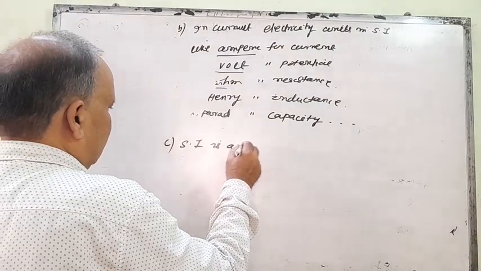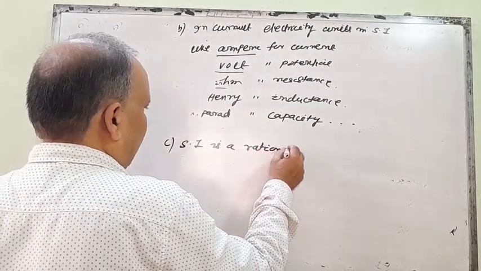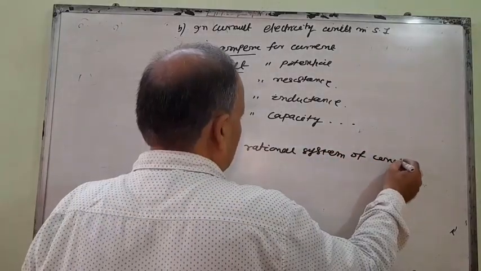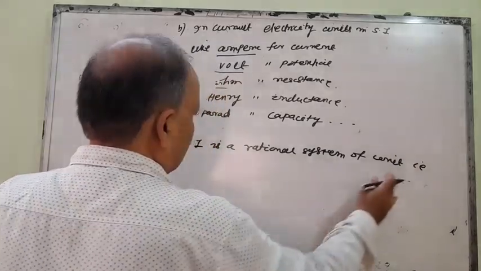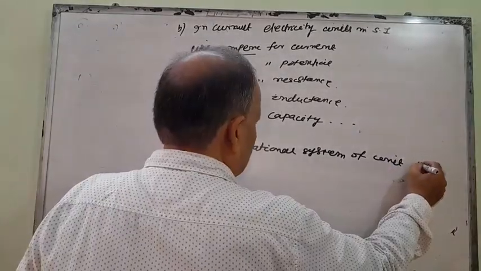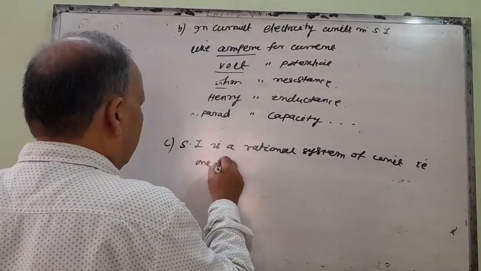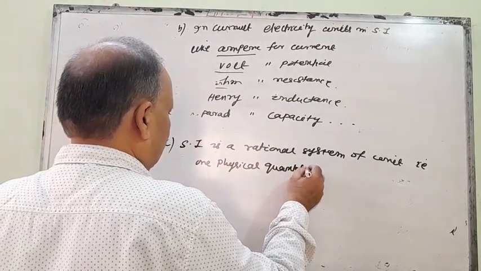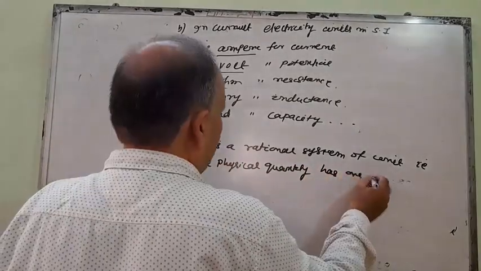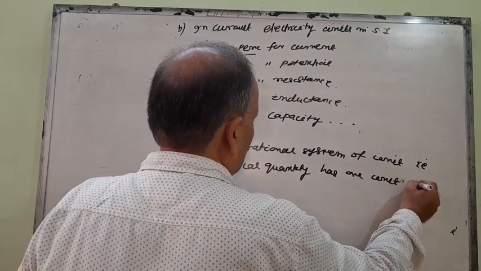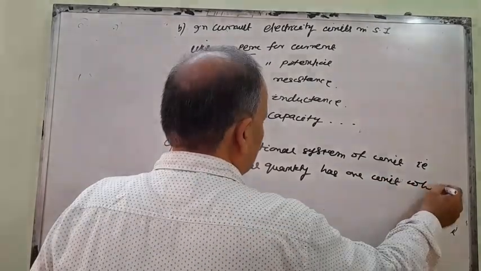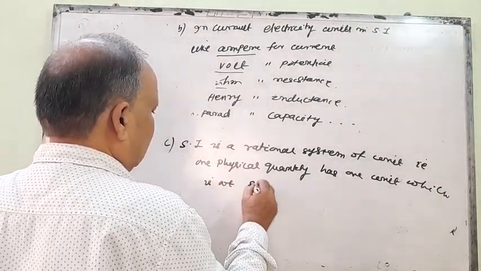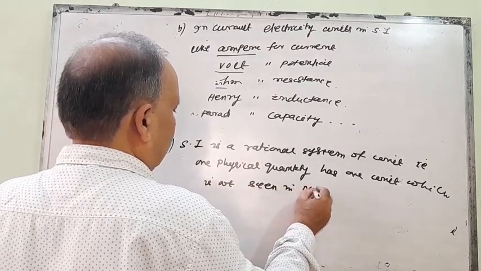That is, one physical quantity has one unit, which is not seen in MKS.